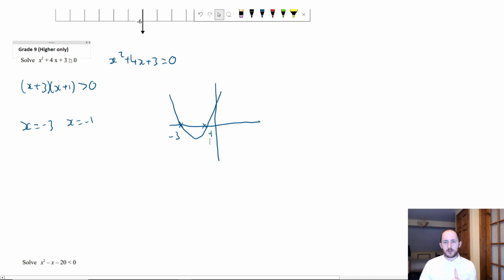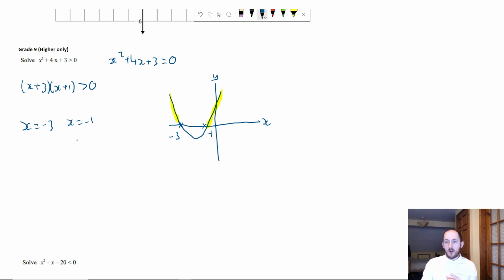Now, I'm looking for the values where it's greater than 0, which means it's above the x-axis, right? Because that's when it's greater than 0. Below 0, this equation's negative because it's giving me a negative value for y. But it is greater than 0 over here and over here, okay?